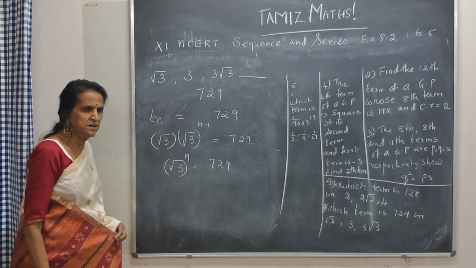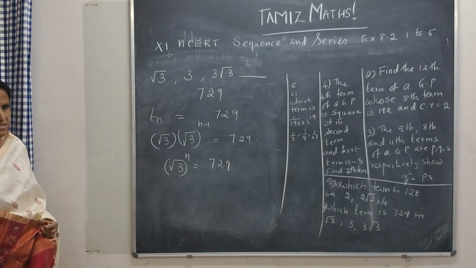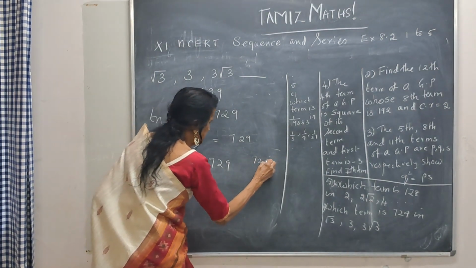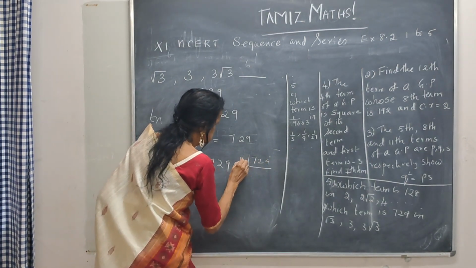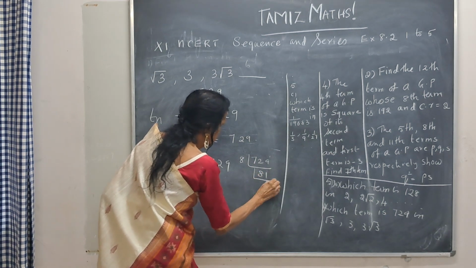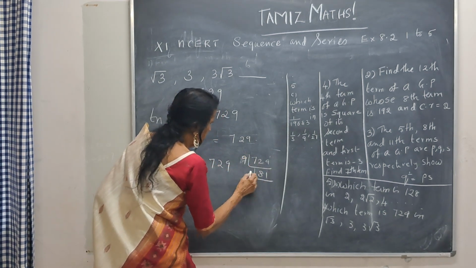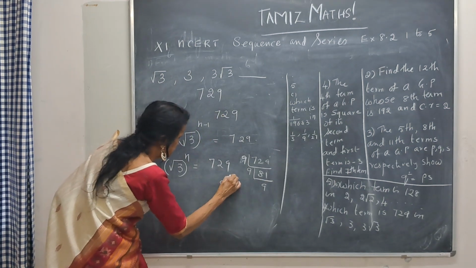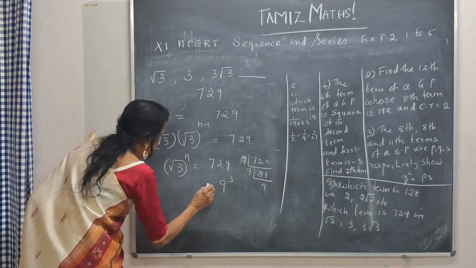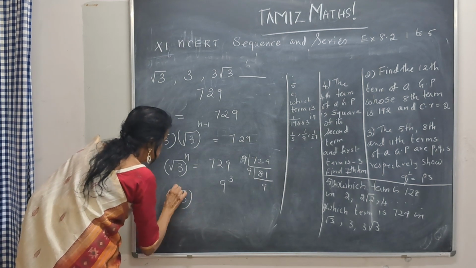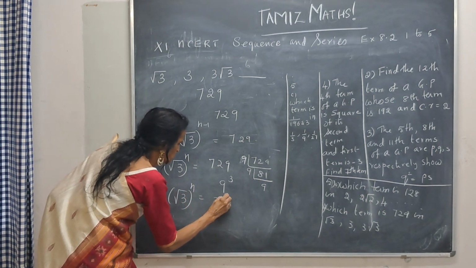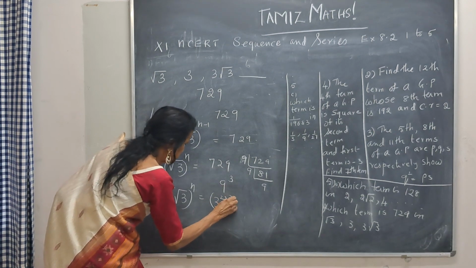Now 729, I have to raise it as 3 power something. Let's see. 729 by 9 is 81. By 9 again, another 9. So 729 is 9 cube. 9 is 3 power 2, whole power 3.